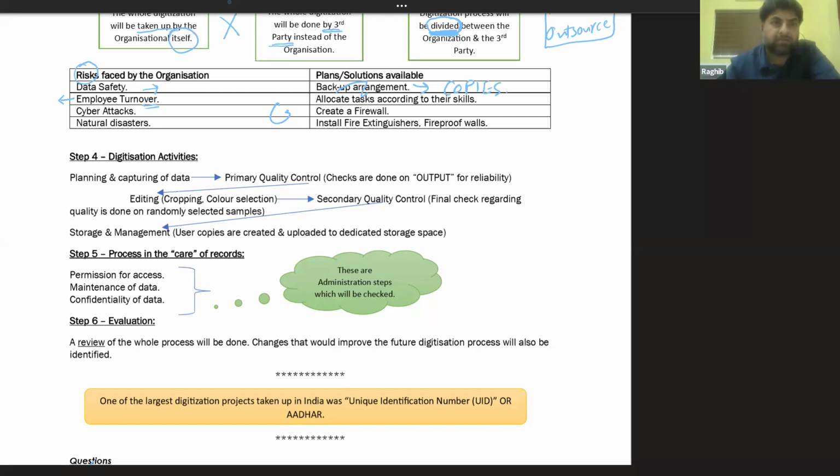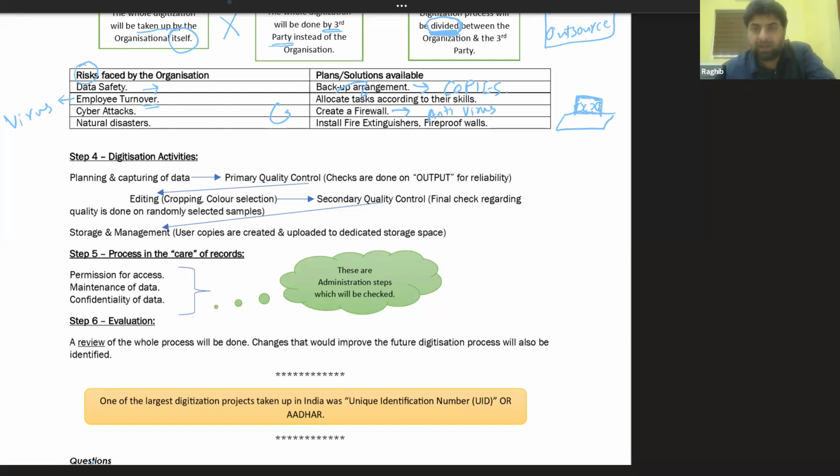Okay, now cyber attacks. Second last one, cyber attacks, virus attacks. What shall we do? Create a firewall. A firewall is a kind of antivirus program. What happens in a firewall is that the whole computer is protected by a software given by Windows.